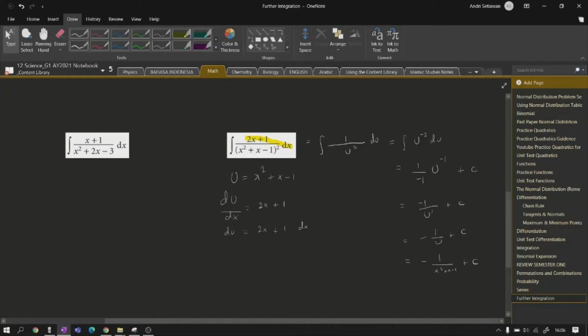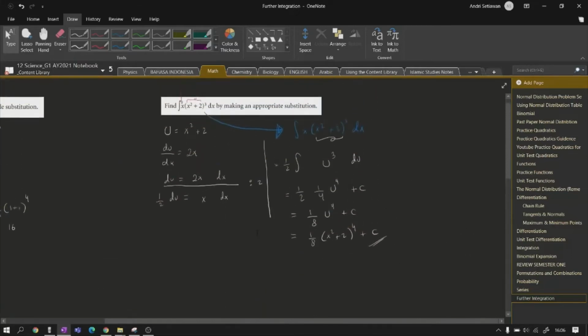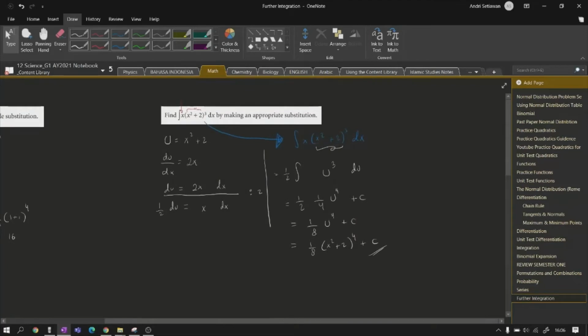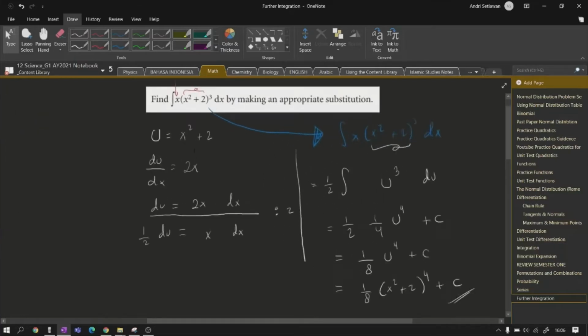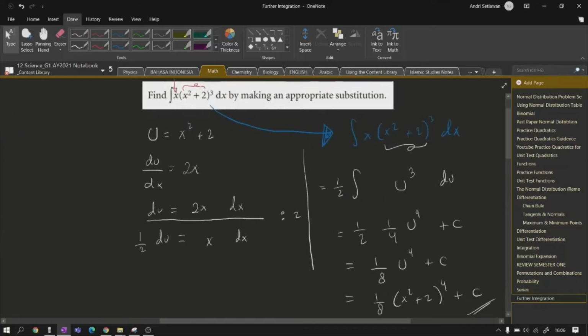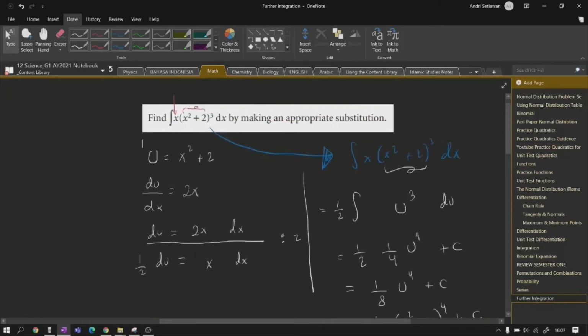This is the variable outside the bracket, and this is the first derivative. Okay, in the first part, after we find the first derivative of u, we get 2x. Since 2x is not equivalent with the variable outside the bracket, we need to adapt this form by dividing by 2, to make a form similar to outside the bracket.